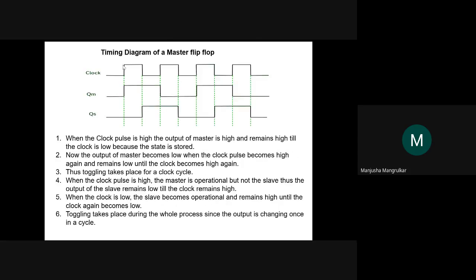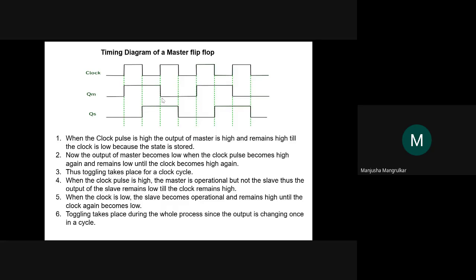Now, when the clock is high, the master will start working first. The slave will not work during this clock pulse; the slave flip-flop will be isolated. So the master is activated and QM is high, but when the clock goes negative, the slave flip-flop is activated. This way, when the slave completes the cycle and the clock is high, the master flip-flop is activated.